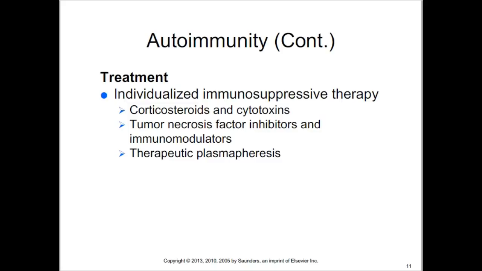If it has a U before the letters M-A-B, you'll see that it was actually tested in humans. And that actually is a particular antibody that is going to attack a particular antigen, right? So immunosuppressive therapy and basically individualized medicine is going to be probably one of the treatments of the future.